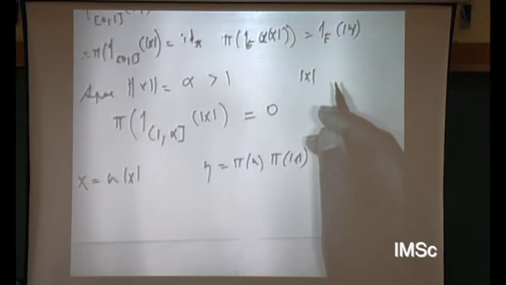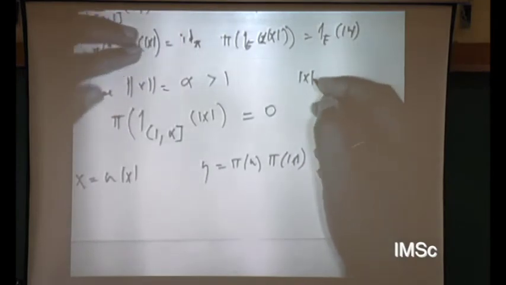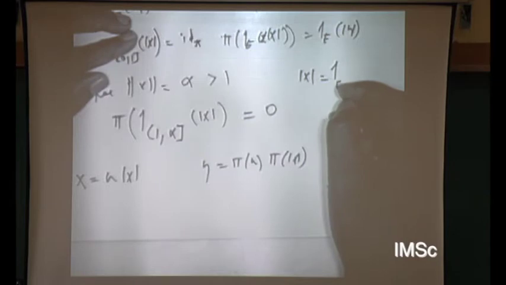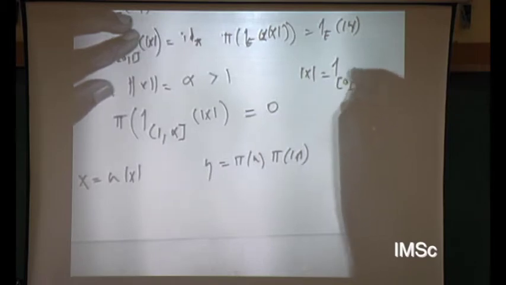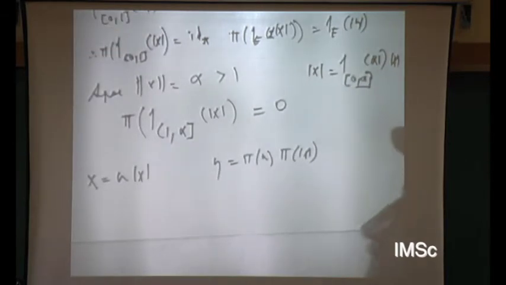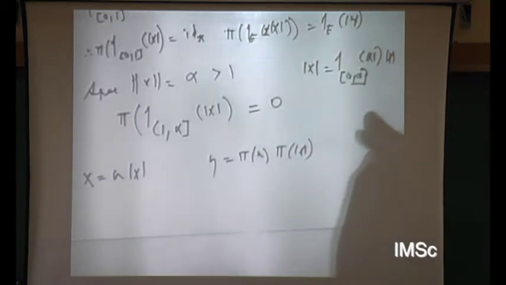Now, but pi of 1 of 0 alpha of mod x times mod x, and because this is the identity.